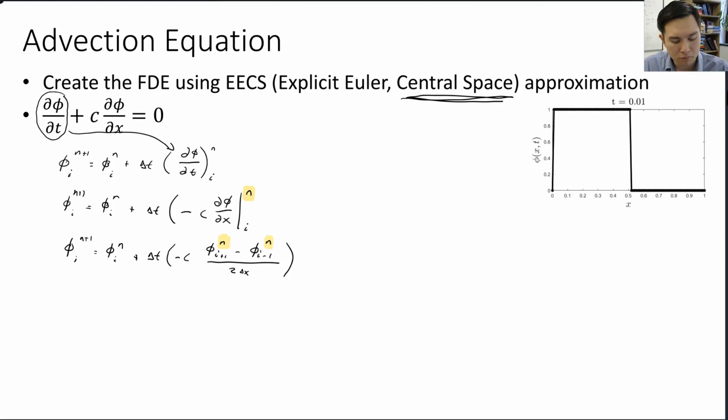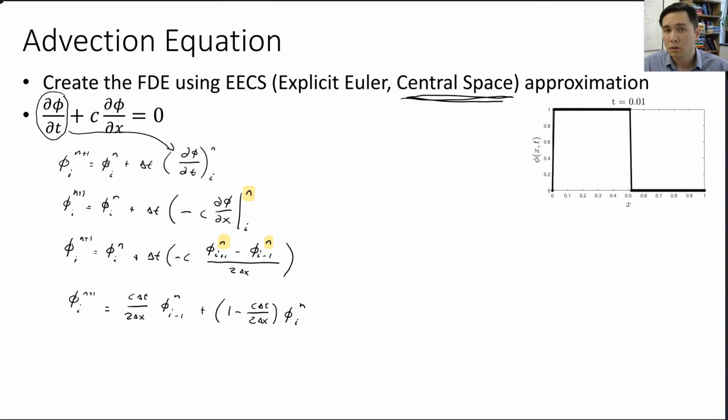Okay? So we can rearrange this equation slightly, and it gives us something like phi I n plus 1 is equal to c delta t over 2 delta x phi I minus 1 n plus 1 minus c delta t over 2 delta x times phi I n.